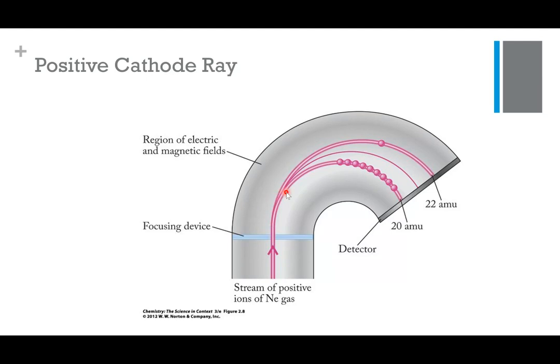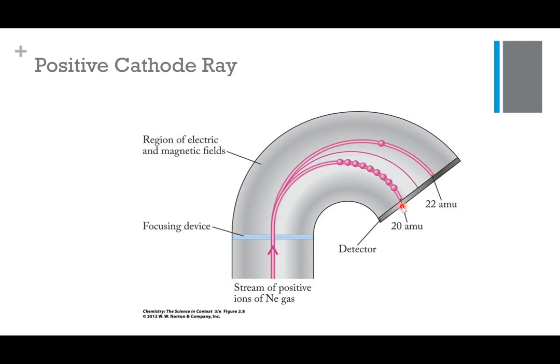The largest mass came around last here. So think semi-truck around a curve. It goes nice and slow, and it takes a nice wide turn. So we have one stream of neon gas going in, 3 streams of neon gas coming out on the other side, and these 3 streams of neon gas all have a different mass.